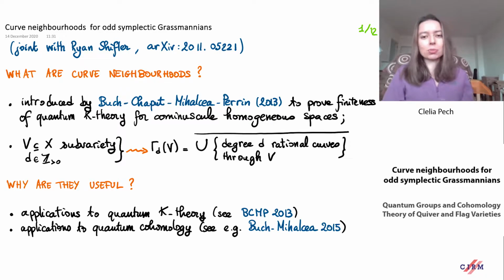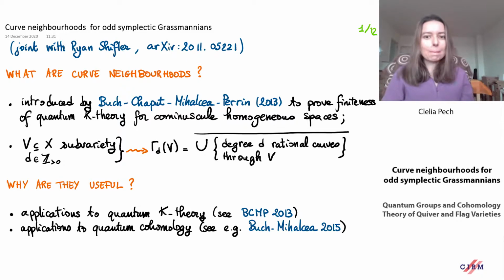Maybe the simplest one is that if I take X, my homogeneous space, well, it's not always going to be homogeneous, but let's start with that. And I take a subvariety V, I fix a degree, then I consider the closure of the union of degree d rational curves through V. And this is the curve neighborhood.